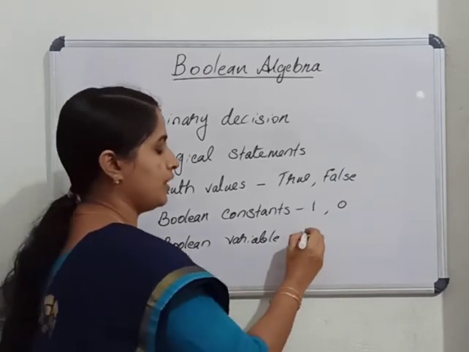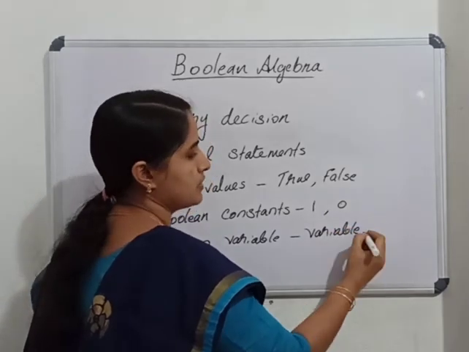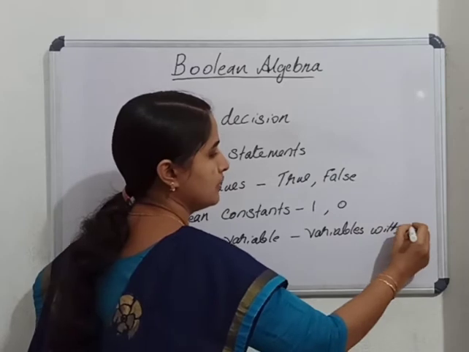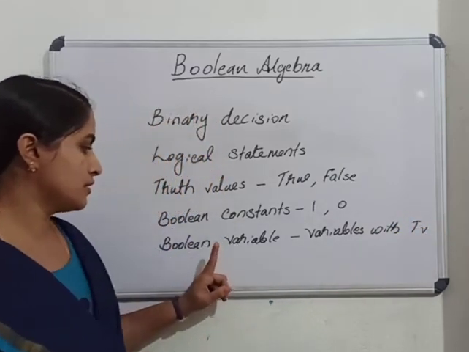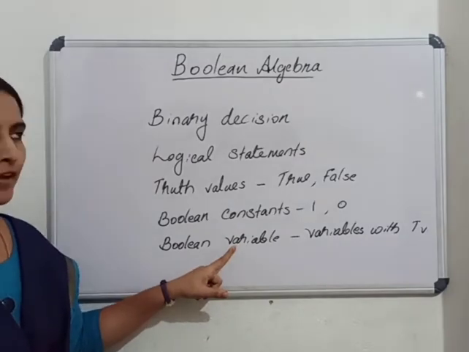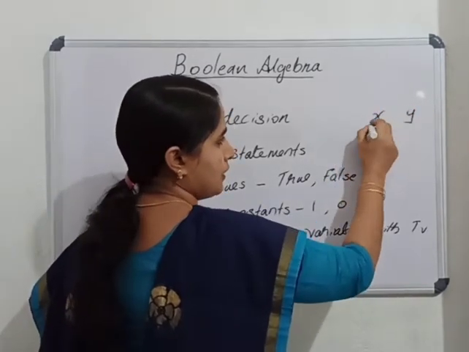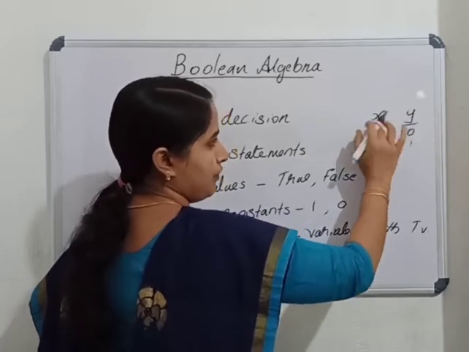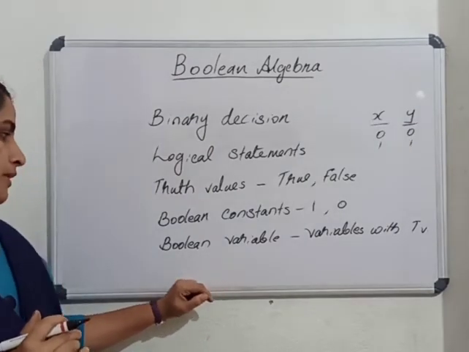Variables with truth values are Boolean variables. For example, if I am using x or y, if x holds only 0 or 1 and y holds only 0 or 1, we can call x and y Boolean variables.